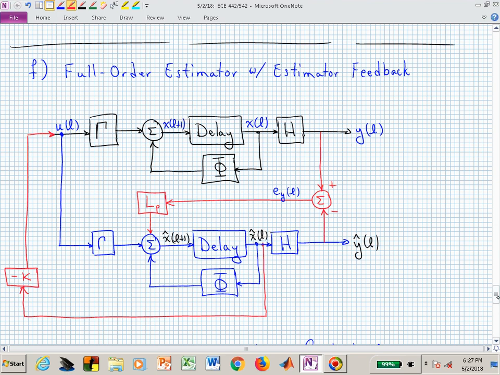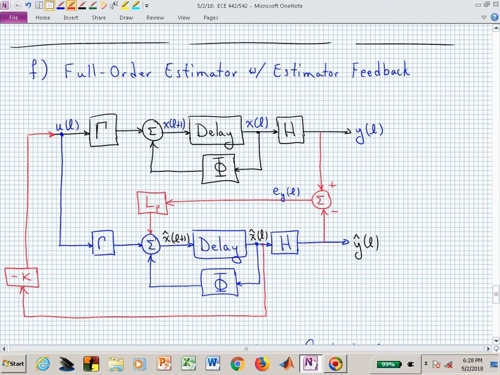So this one, you have the estimator's dynamics in both. L sub p is influencing how quickly x hat goes to x. So that's in both, isn't it? But what's different? This one has feedback. And what are you doing with K? It depends on what you use K for.